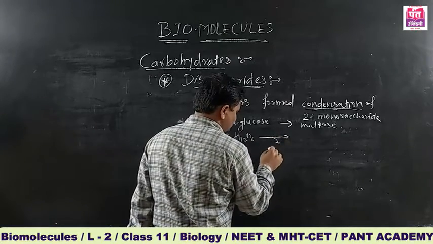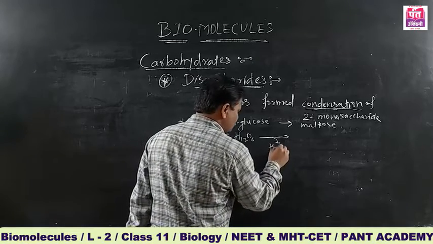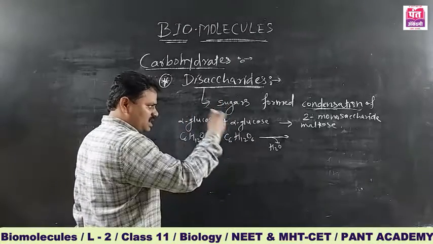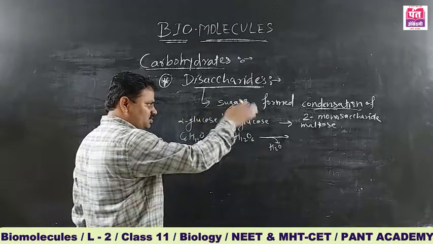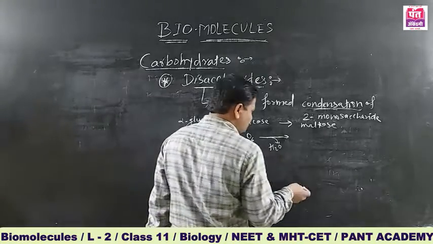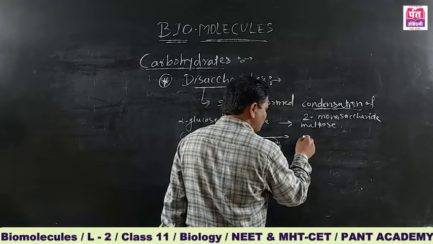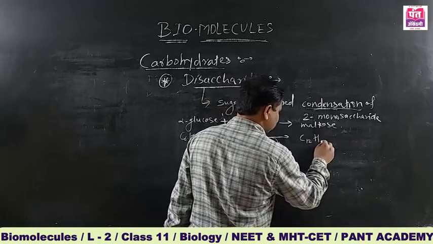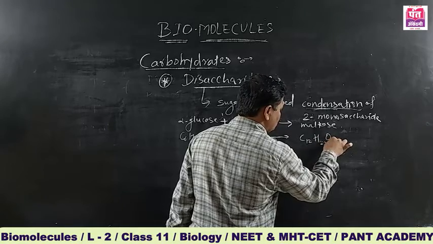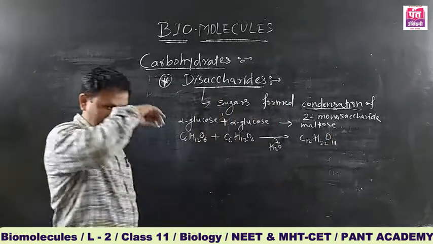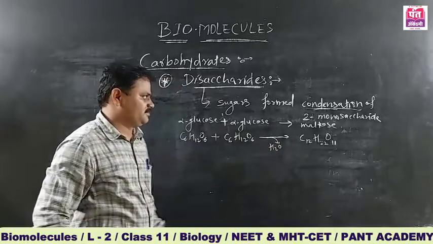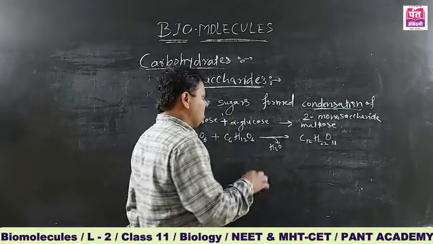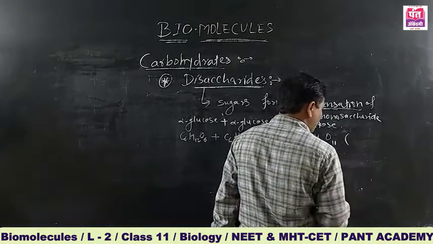Remember, in condensation there is a removal of a water molecule, and it forms another important sugar, a disaccharide. We can represent this disaccharide by C12H22O11. So the disaccharide can be represented like this, or in another way as well. Let's see the other way.